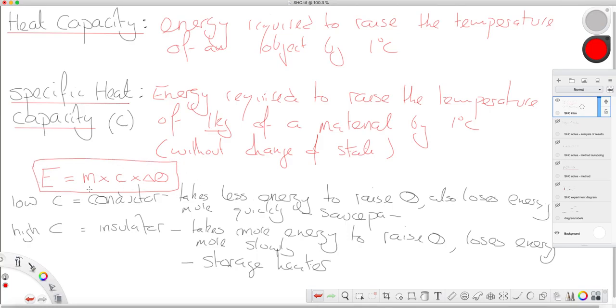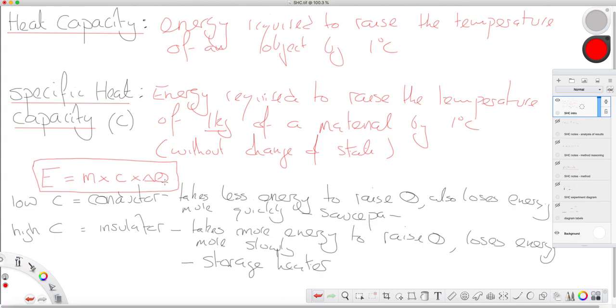So of course, if you doubled the mass, you would double the amount of energy required. If you doubled the change in temperature, you would double the amount of energy required. And as you change C, you will of course also change the energy required.